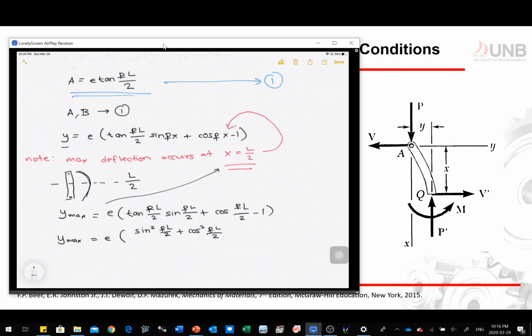We made this simplification in order to get this equation right here, which is now E is equal to secant of pL over 2 minus 1.